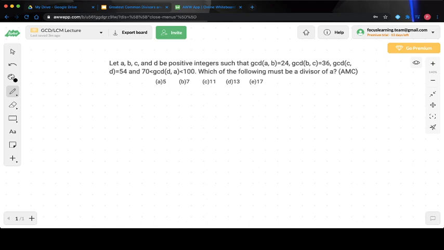So what we want to do is find the greatest common divisor of D and A. From the first equation, we notice that the greatest common divisor of A and B is 24, which immediately means that A must be a multiple of 24.